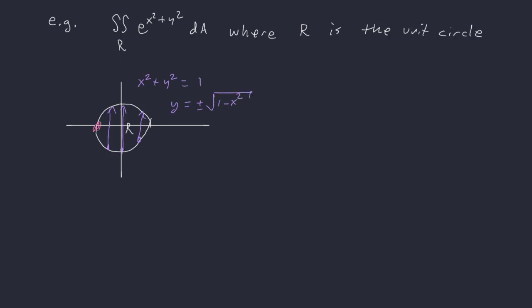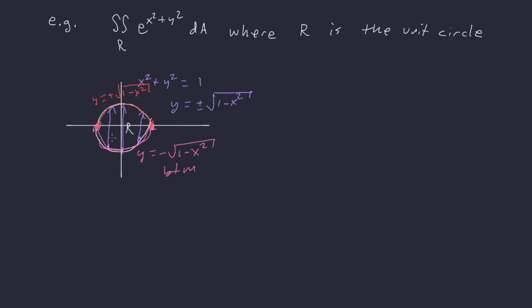So the bottom piece is y equals the negative square root of 1 minus x squared. Then the top is y equals the positive square root of 1 minus x squared.